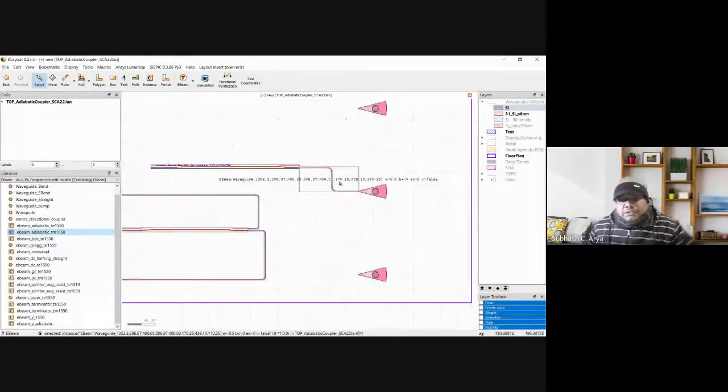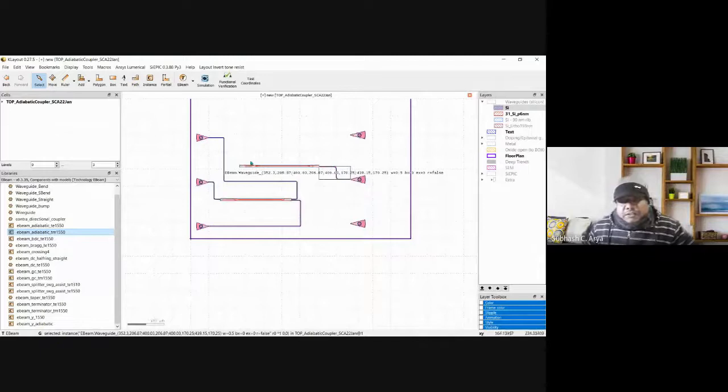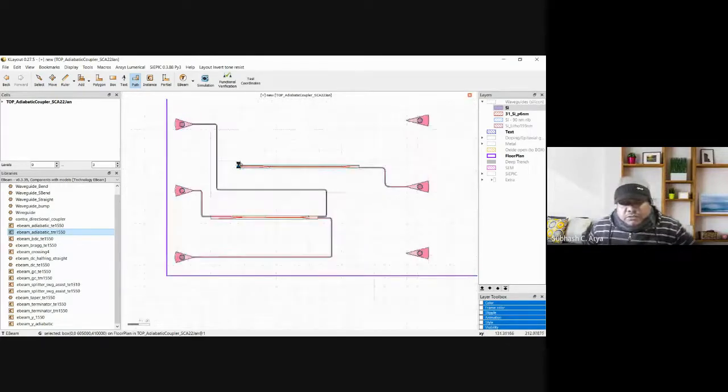Now again, so this is the input. Now another port, that is the output.